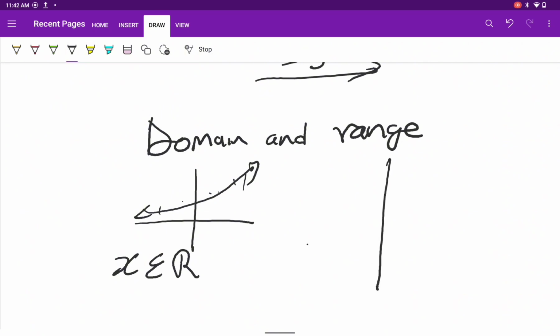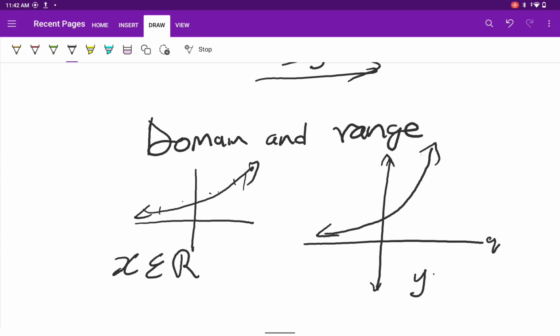Now the range, so we want the y values that are defined on the graph. If this is our q, that is the asymptote, so we will say the range of this graph is y is greater than q, as long as a is bigger than 0.